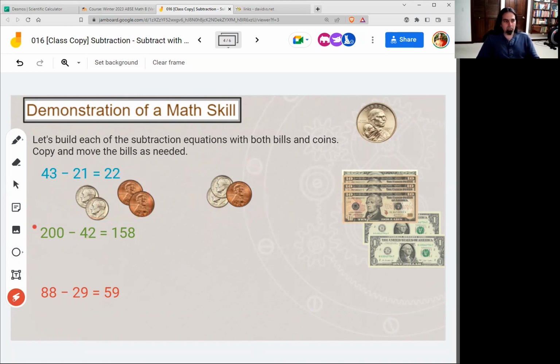Somebody want to do the green problem? 200 minus 42. You could use coins, you could use bills, make copies of things however much you need to.